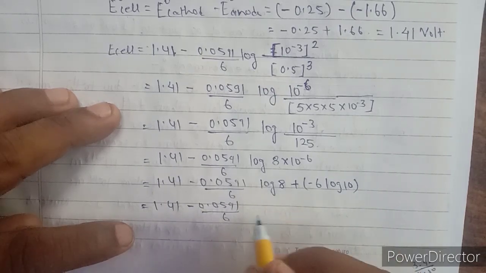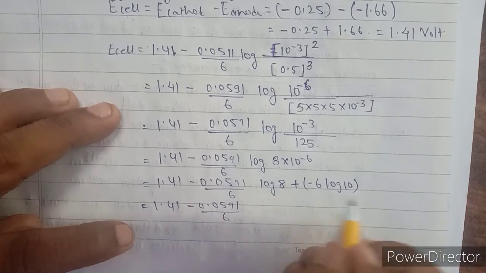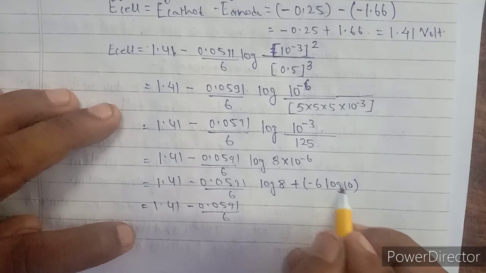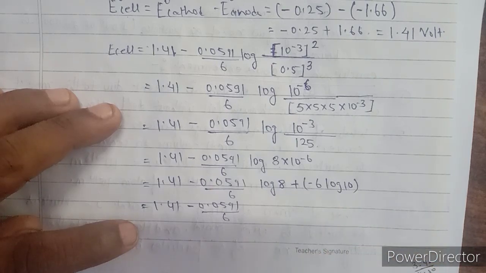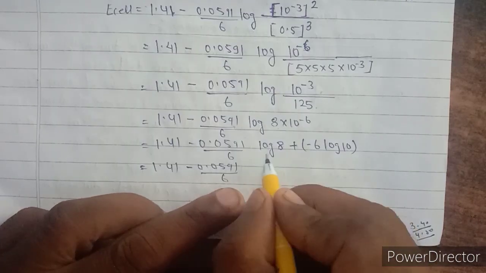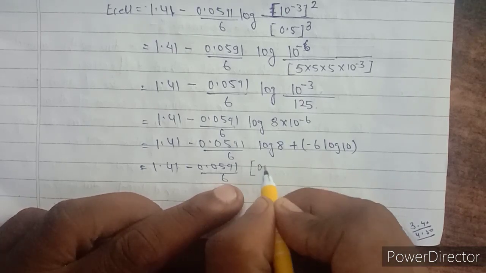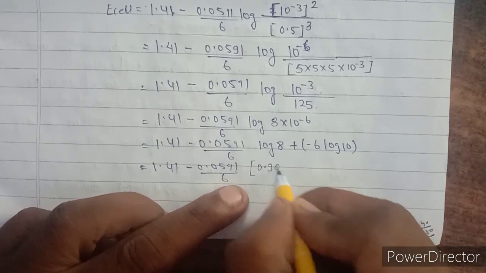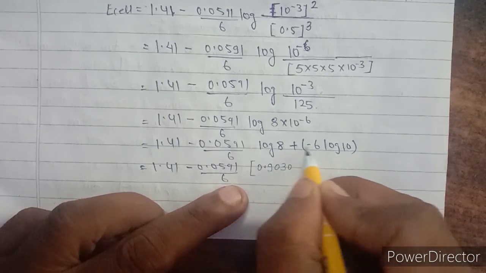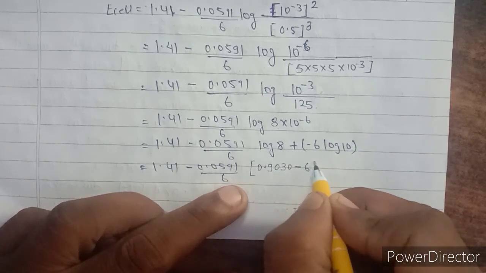Put the value of log 8, which is 0.9030, and then minus 6.